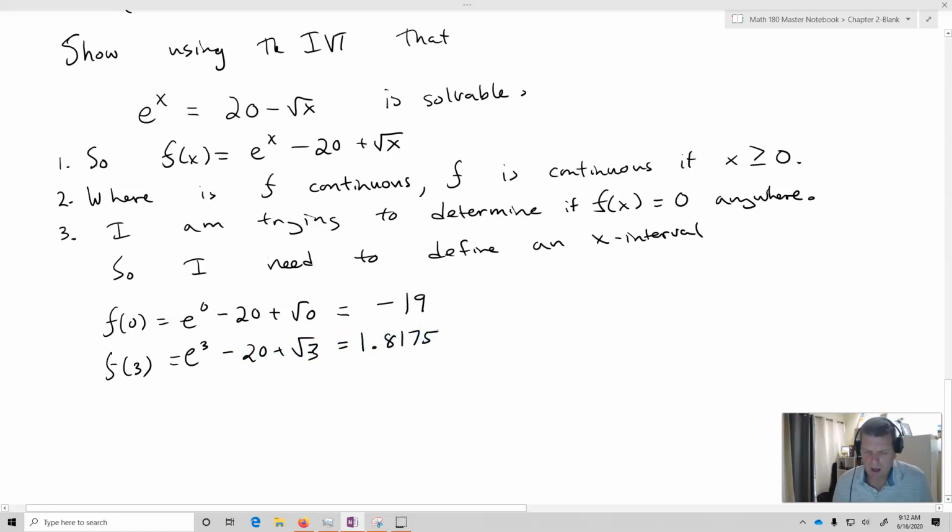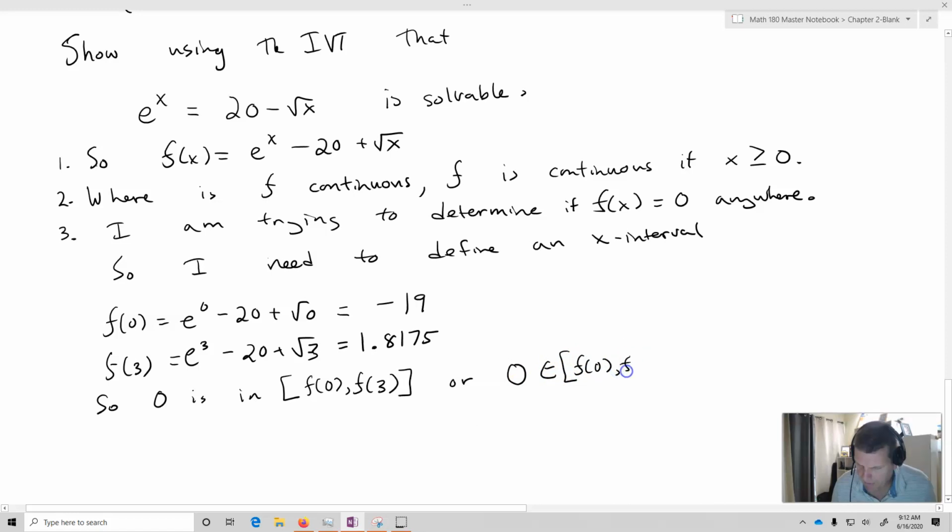This ends up equaling 1.8175, okay? Awesome. So 0 is in, or we also use the phrase, 0 is in f of 0 to f of 3. Or what we also write is 0 belongs to f of 0 to f of 3.